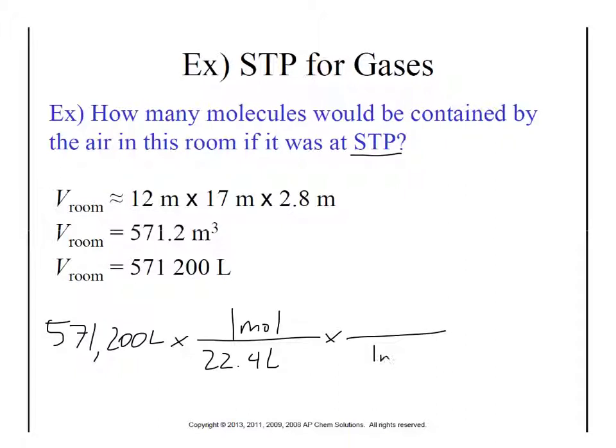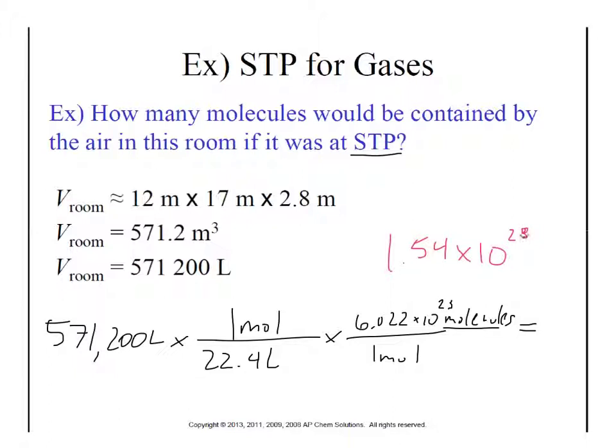And 1 mole is how many particles? Yeah, it's Avogadro's number, 6.022 times 10 to the 23rd molecules. And that comes out to be 1.54 times 10 to the 28th molecules. So inside this room, there would be that many gas molecules floating around.